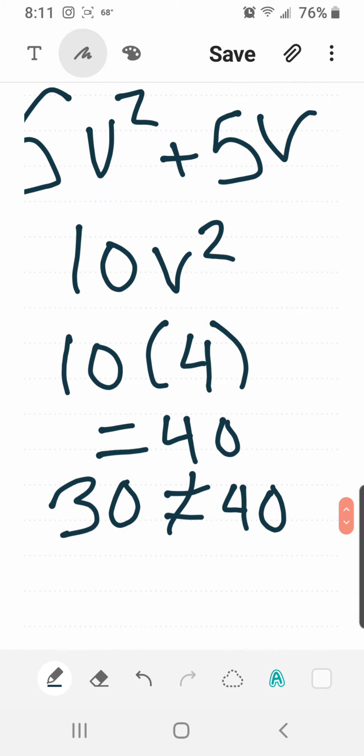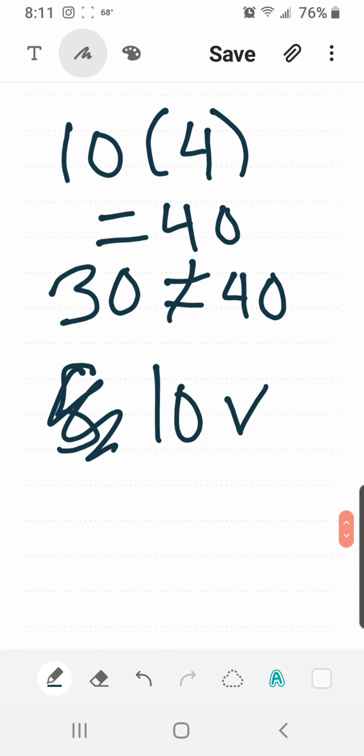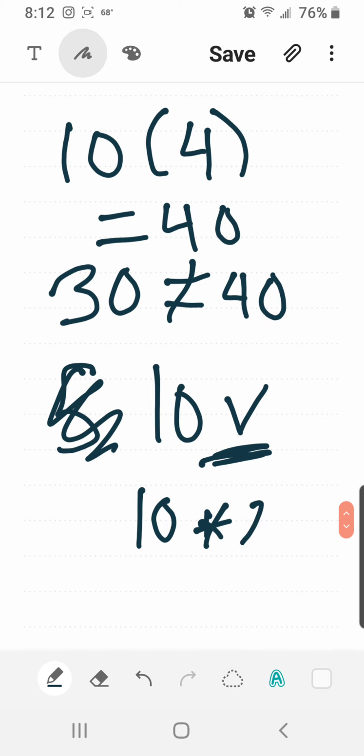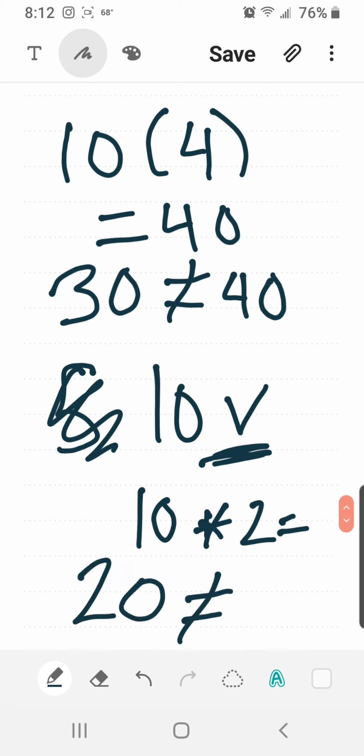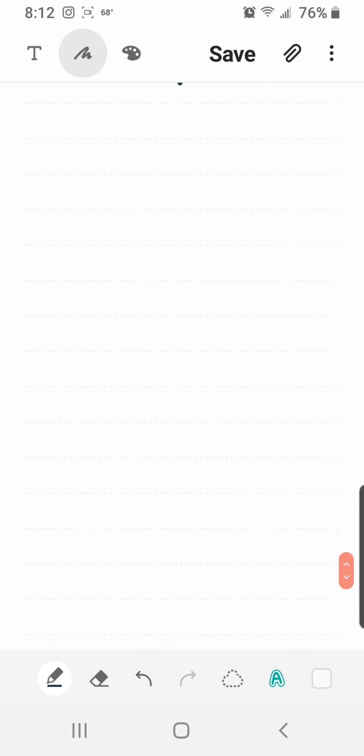Or if we said, oh, that's the same as 10v. 10 times 2 equals 20. Right? Which is also not the same as 30. So we cannot combine like terms in that situation.